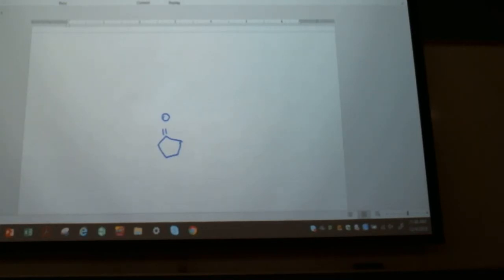So we've done this, and that gives you this. Rather than having the two OHs together, we have them separate. So let's say OCH3 and OCH3.